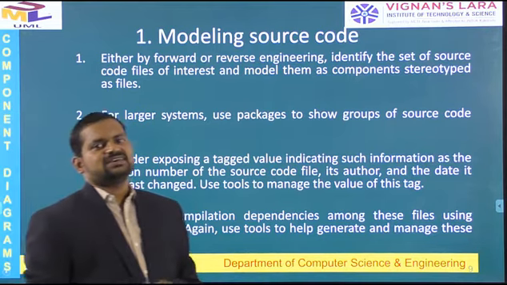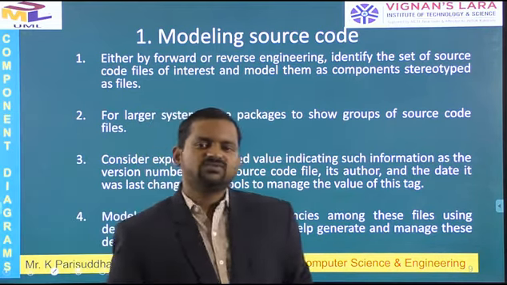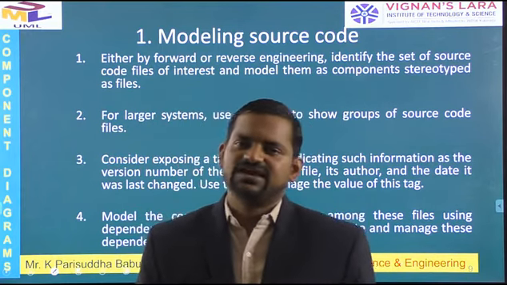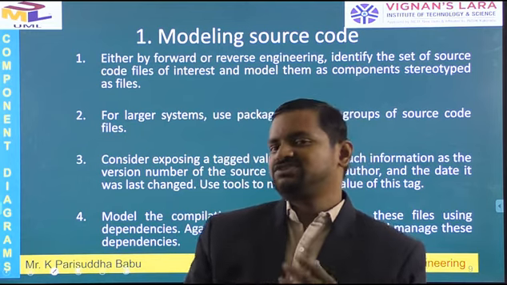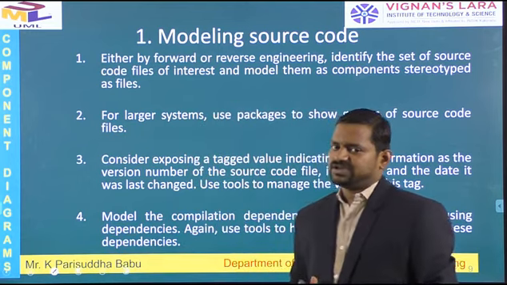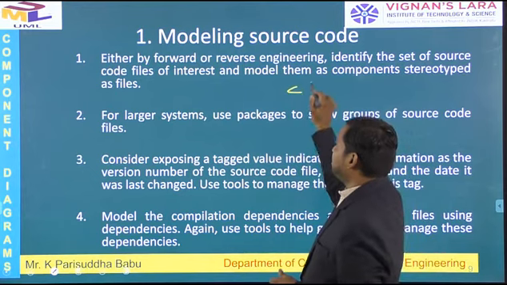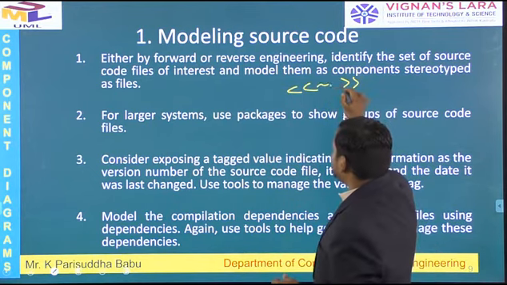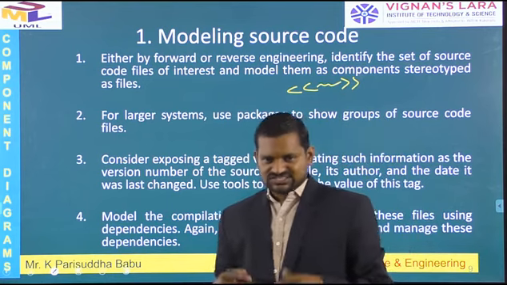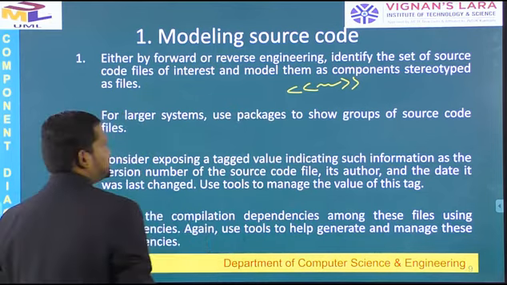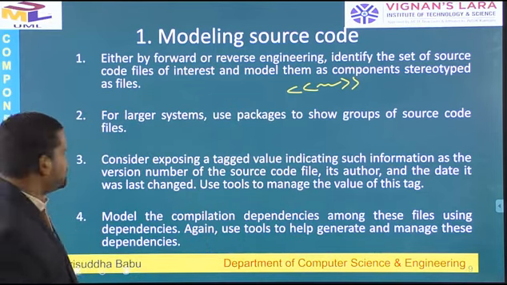Already we saw 4 to 5 stereotypes available. Other than those, you may create your own stereotype with the help of these brackets. In between these brackets, you write something like a stereotype. That is also used in forward engineering and reverse engineering.